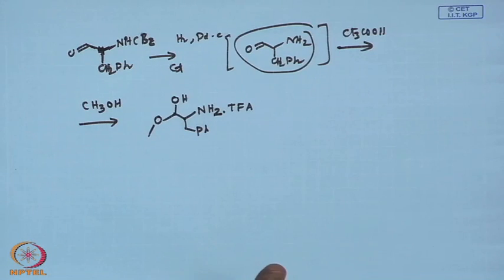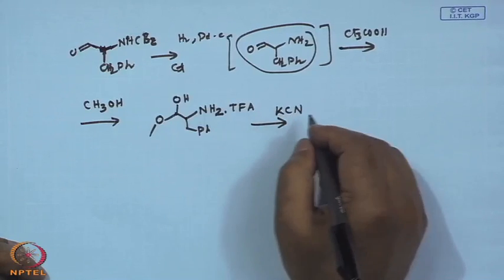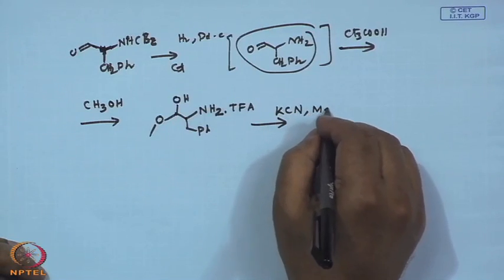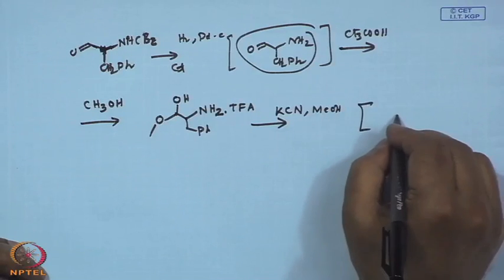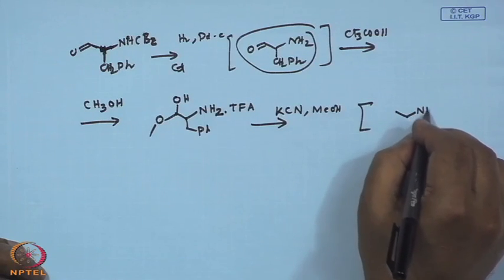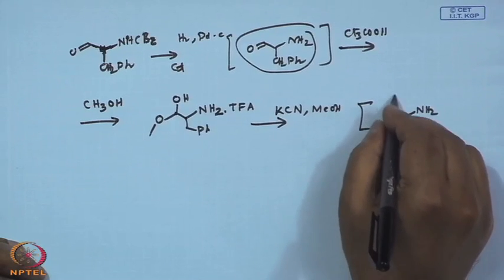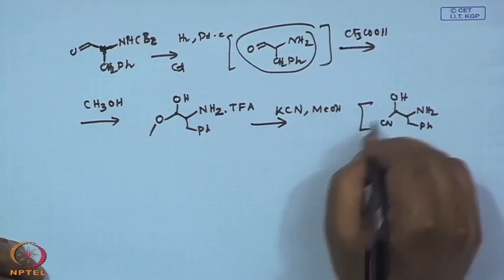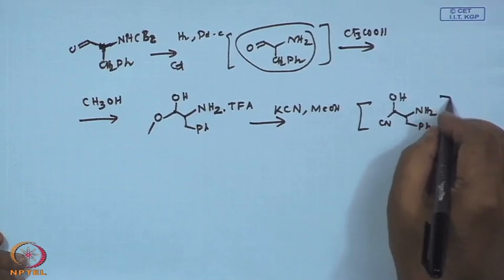This is not a heterocyclic compound, but I am trying to tell you the effect of the heteroatom: it polymerizes the aldehyde. But then when you treat this with potassium cyanide and methanol, one would expect the product to be this NH2 and the cyanohydrin, just the aldehyde reacting with cyanide.